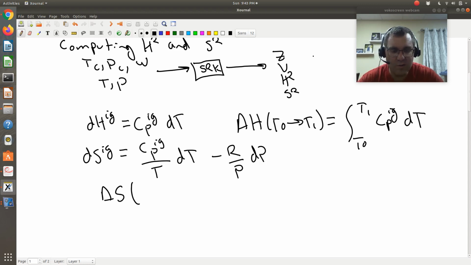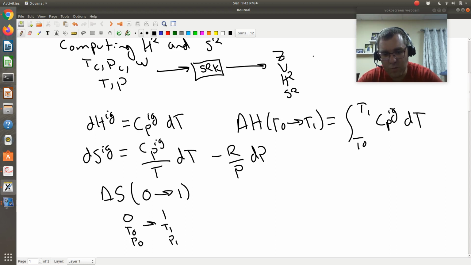Really, it's some state 0 to state 1 because enthalpy of an ideal gas is only a function of temperature. Entropy, though, is a function of temperature and pressure. So if I were likewise to say going from state 0 to 1, state 0 is going to be at some T naught and P naught, and then state 1 is going to be at some T1 and P1.